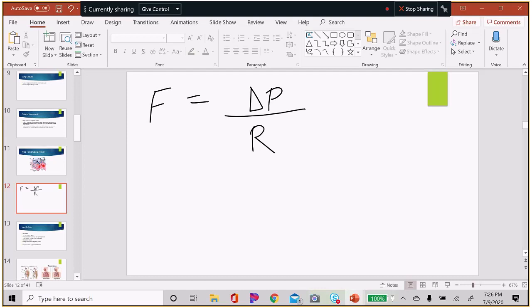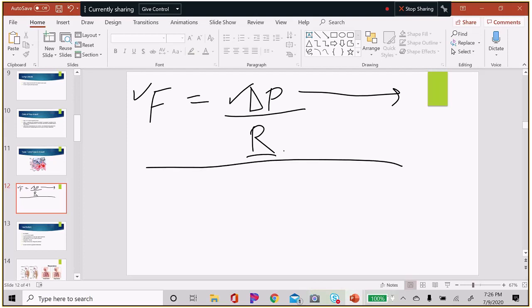We wanted increased pressure on the arterial side, less pressure on the venous side, which helped propel blood forward. And if the blood wasn't too viscous and the diameter was big, we keep the resistance down, which also increases flow. So this pressure gradient and flow have a direct relationship, meaning when pressure gradient goes up, flow goes up, and resistance and flow have an indirect relationship, meaning when resistance goes up, flow goes down.